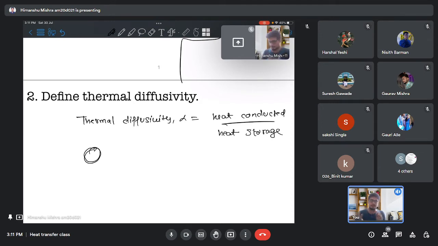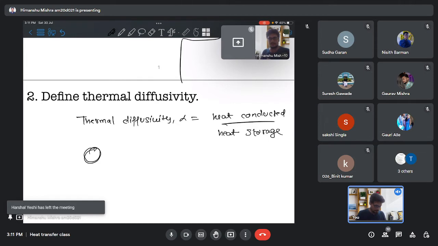So this thermal diffusivity tells us how much heat is conducted as compared to the heat stored. For example, if my thermal diffusivity is greater than 1, whatever heat you supply to this object, it will transfer more heat as compared to its storage of heat.